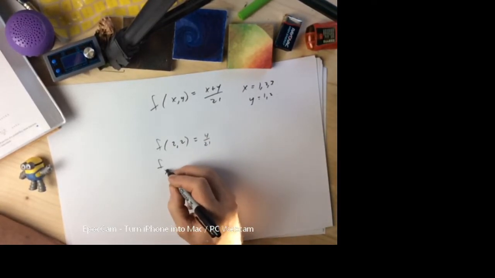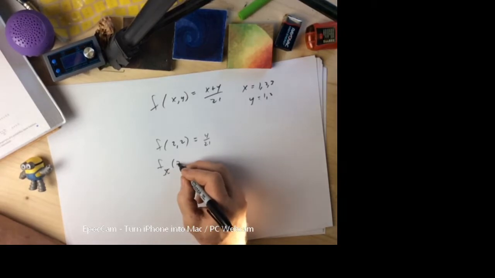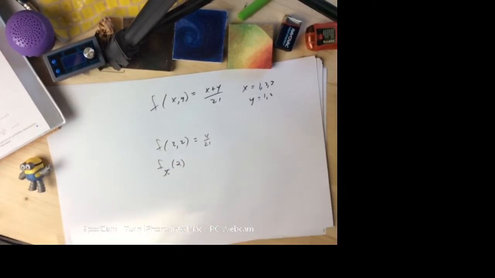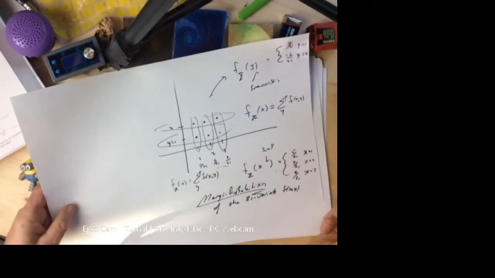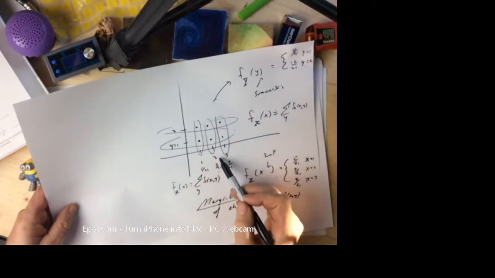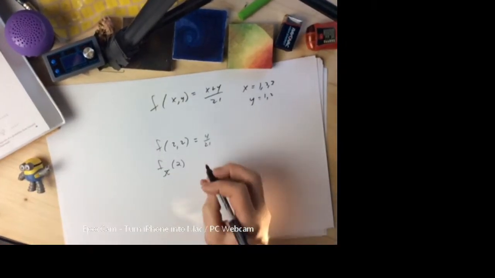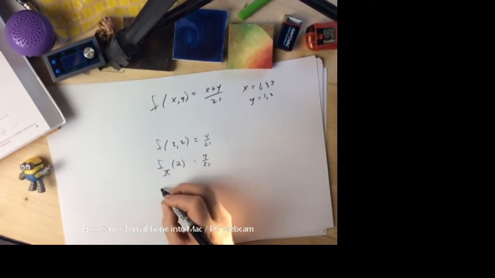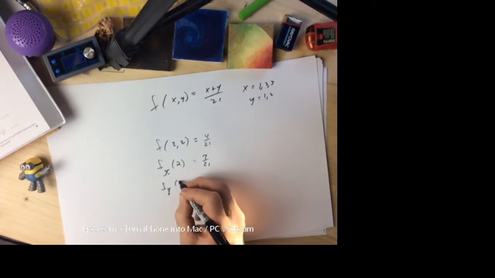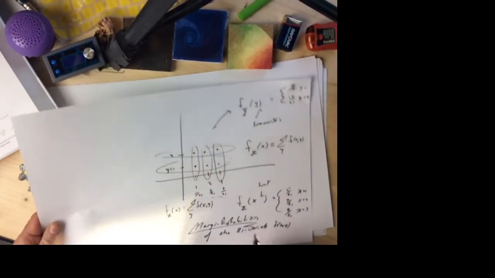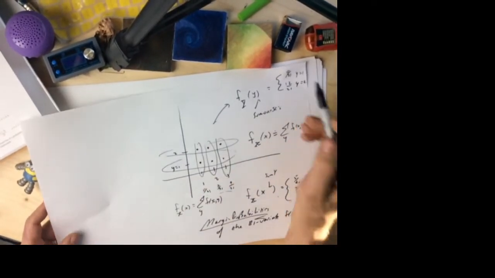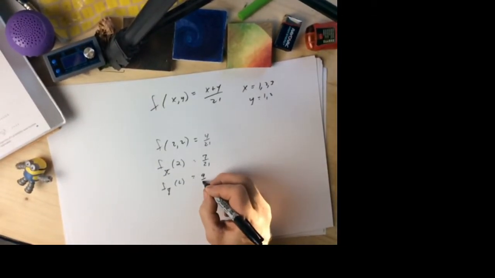But f sub x at 2, if we remember the columnar sum for x equals 2 here, we had 7 21st. And f sub y of 2 is this sum, which was 9 21st.